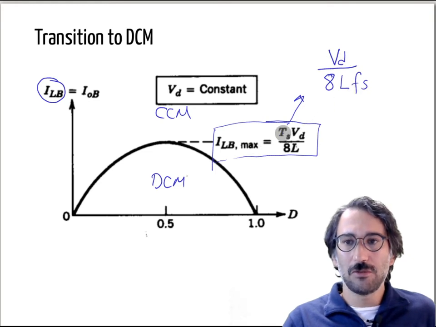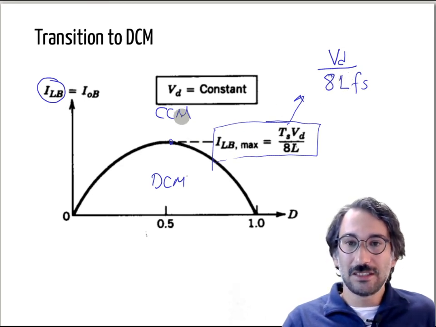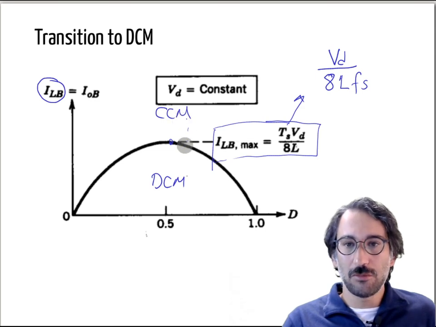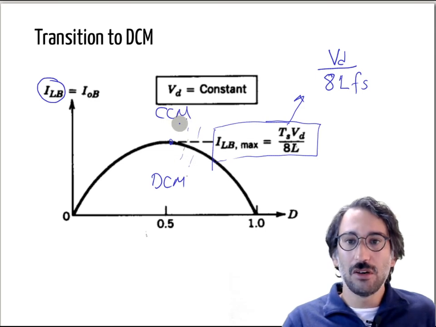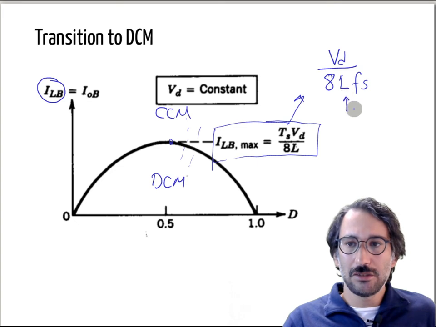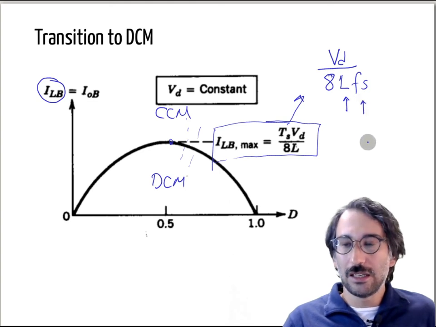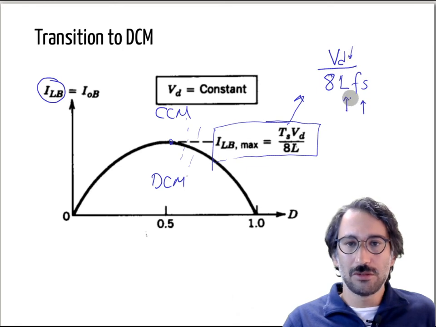If you want to stay in the continuous conduction mode longer, if you want to operate in the continuous conduction mode even for small currents, what you need to do is either increase L, which means using a larger inductor, or use a higher switching frequency, or reduce VD.